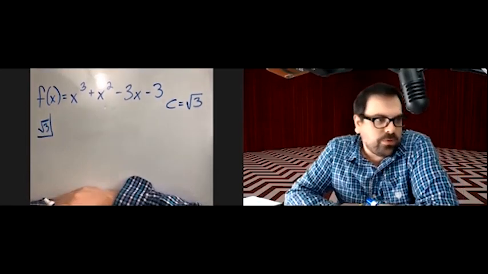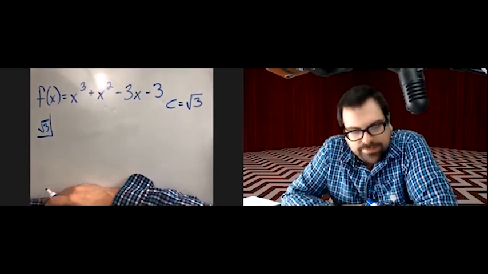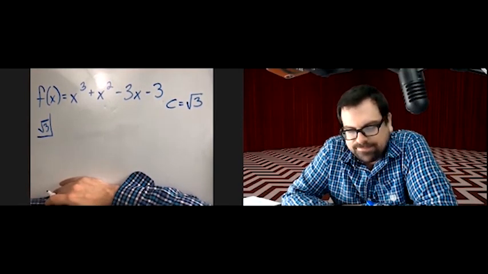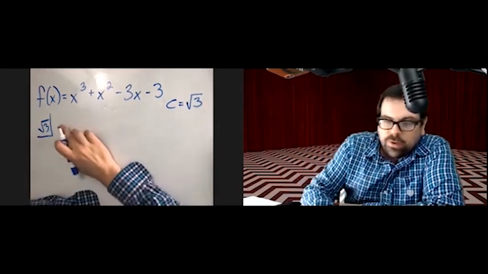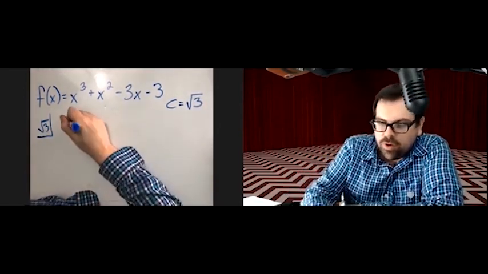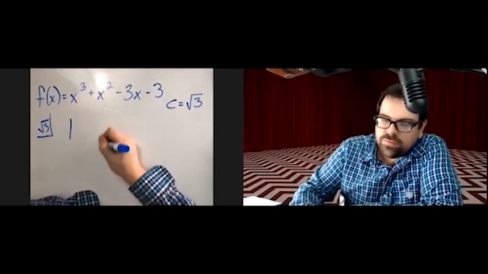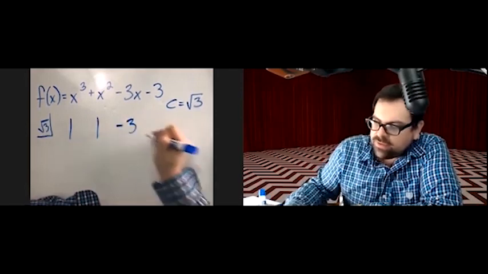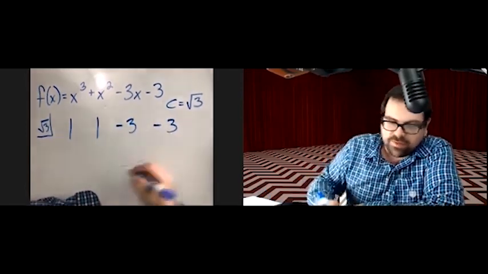We're putting radical 3 in the box. What's in the box? Radical 3. We are synthetically dividing by radical 3 the polynomial 1x cubed plus 1x squared minus 3x minus 3.